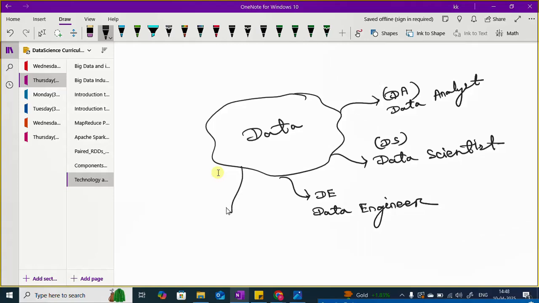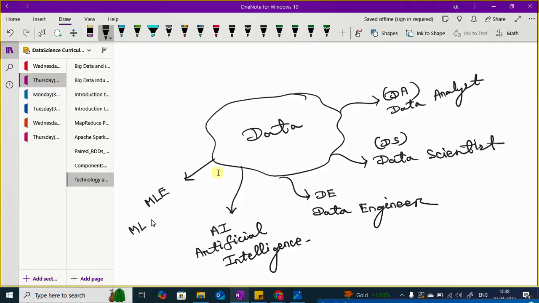There is something called AI, artificial intelligence. AI stands for artificial intelligence. Similarly, we have machine learning engineer, MLE.